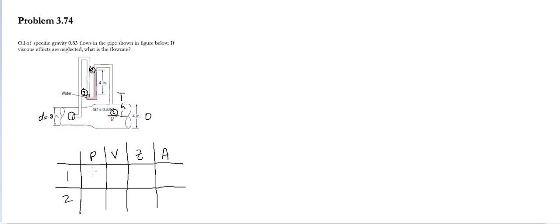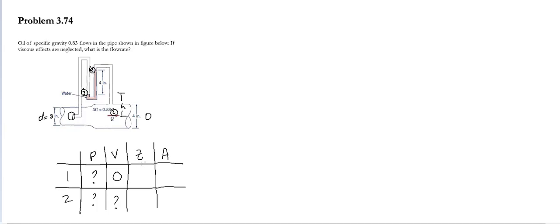The pressure at both points is unknown at this moment, so we're going to put question marks. Velocity at point 1: notice that it has a tube that measures the static pressure. Therefore, the velocity is 0 because it's a stagnation point. Then at point 2, we have a static pressure. The velocity is unknown.